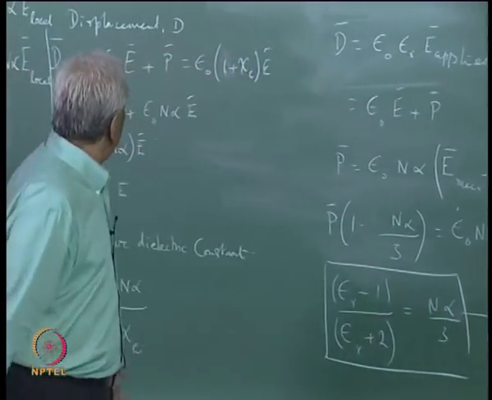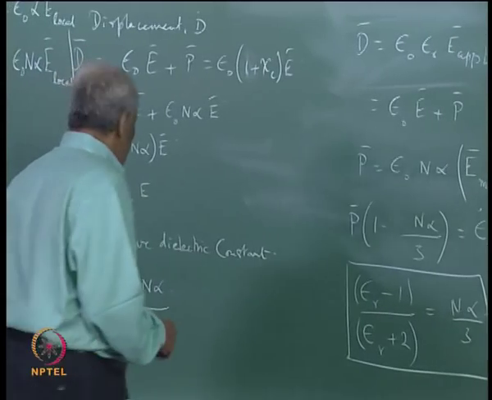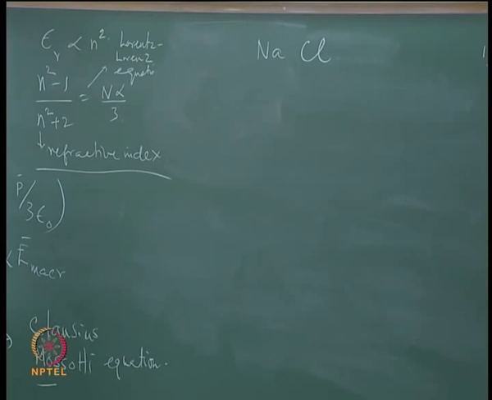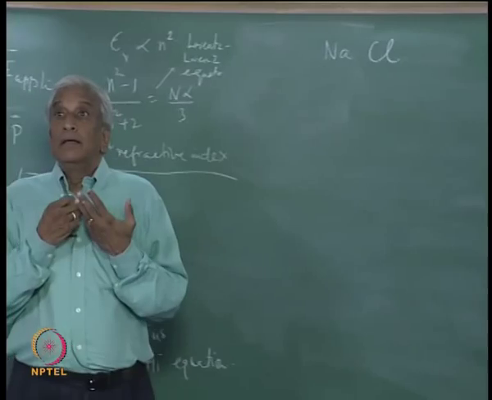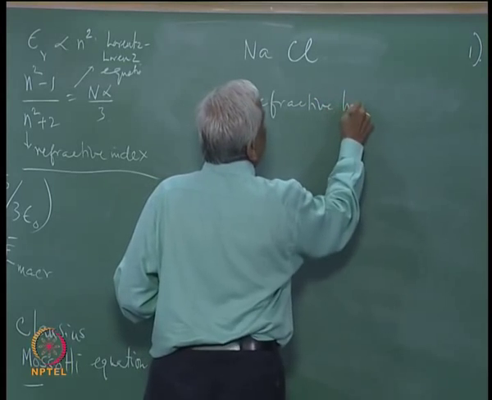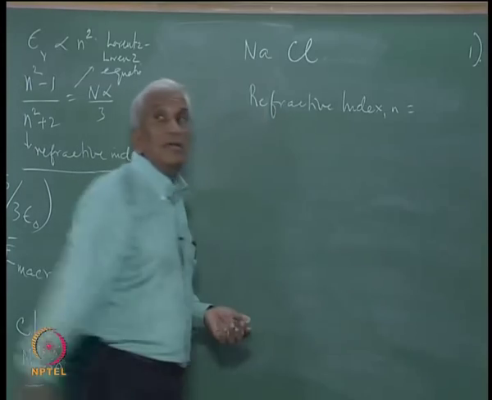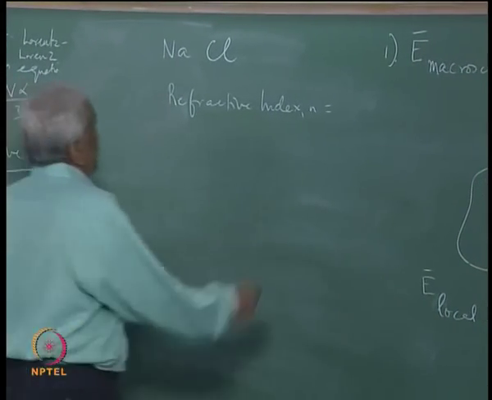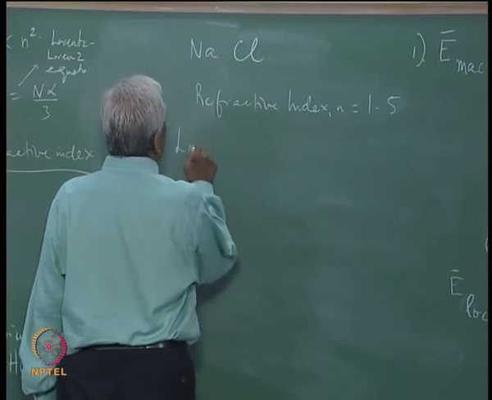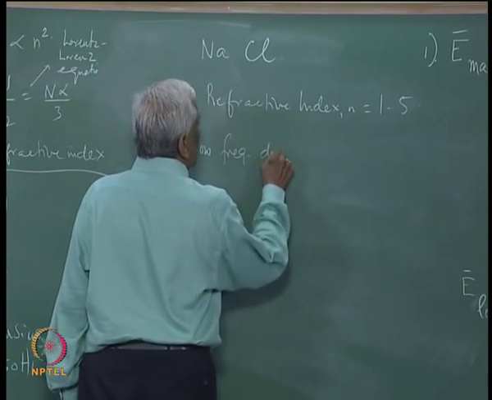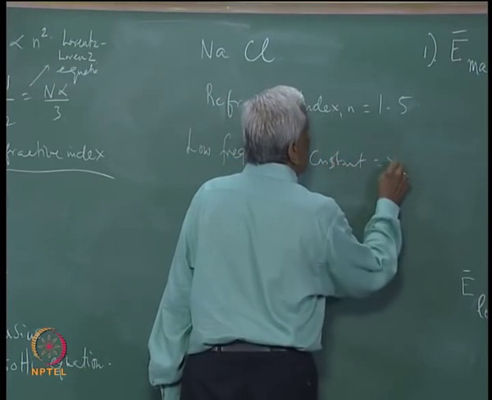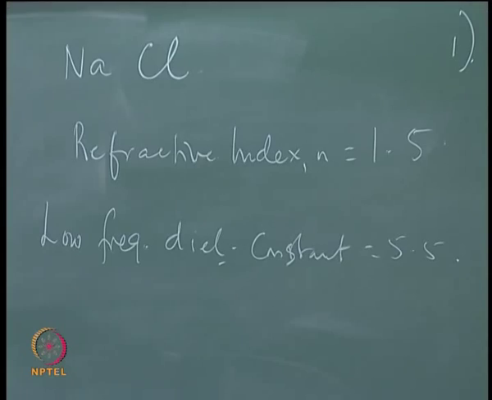So, for example, if you take a material like sodium chloride, common salt, it has a refractive index n, which is 1.5, whereas the low frequency dielectric constant, or static dielectric constant, is 5.5, 5.6.